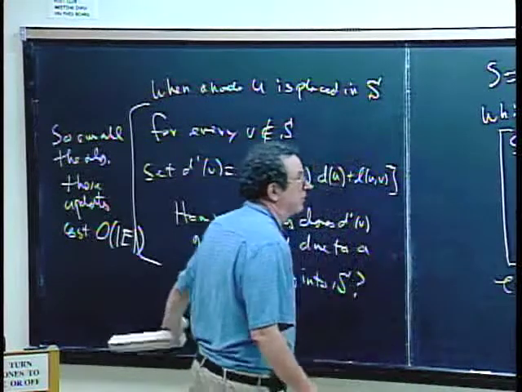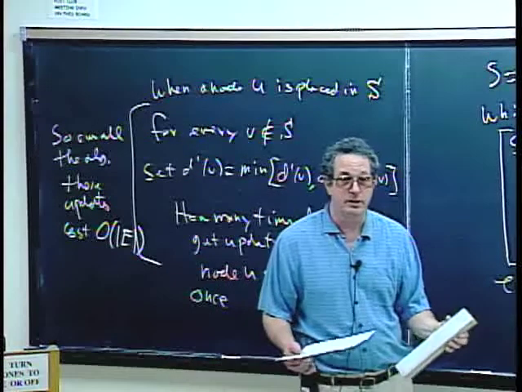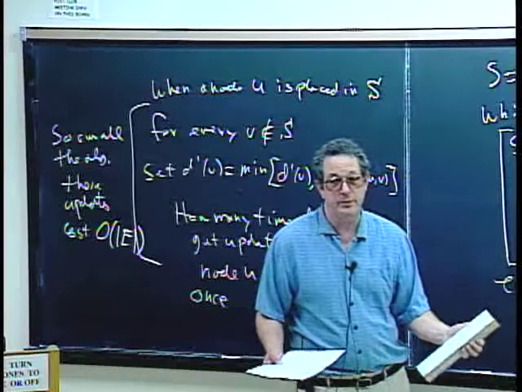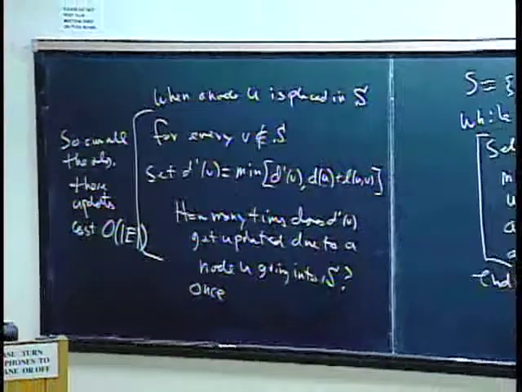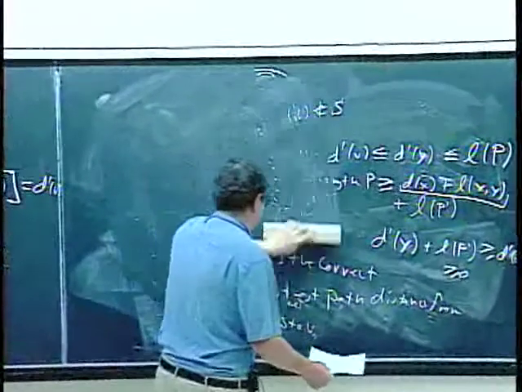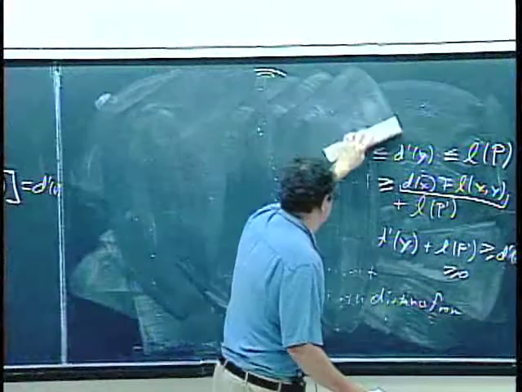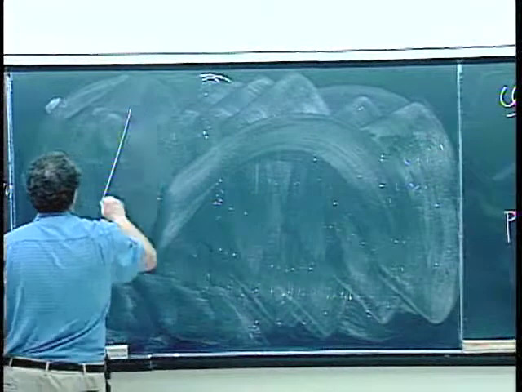Well, of course, we could just scan through all of the nodes that are not in capital S, and look at what their current d prime value is. But that's less efficient, and I'll let you figure out what that time would be if you did it explicitly, like that, looking through all of the nodes. But that's less efficient than keeping a priority queue.